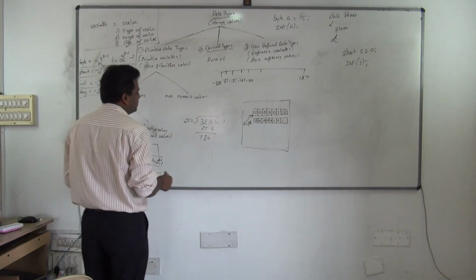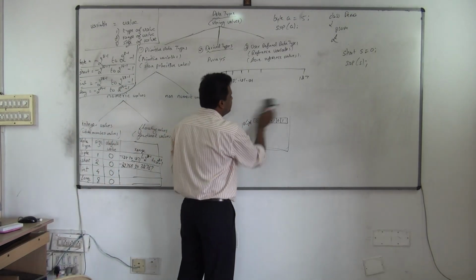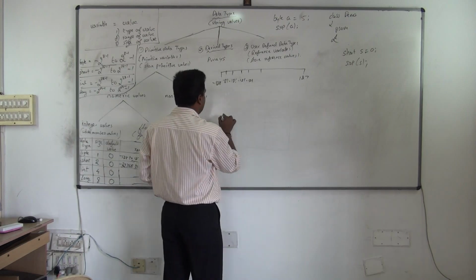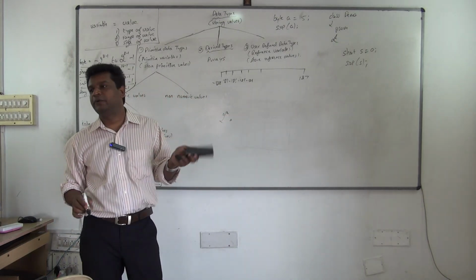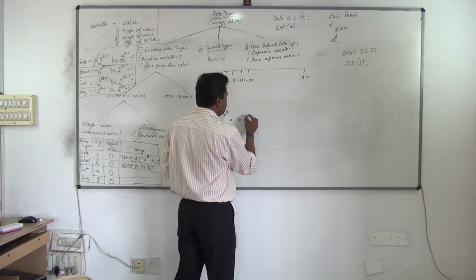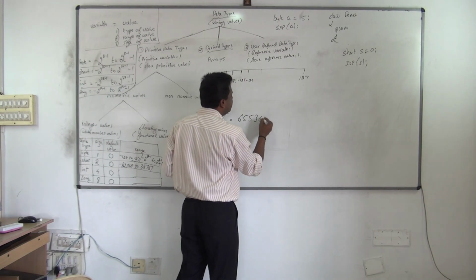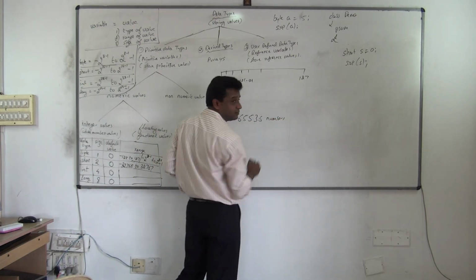So 2 bytes or 16 bits means what now? How many numbers can you store? 2 to the power of 16 numbers. Sit and count: 2 into 2 into 2 into 2, go on counting 16 times. Totally it comes to 65,536 numbers. So you can store this many numbers in a short.